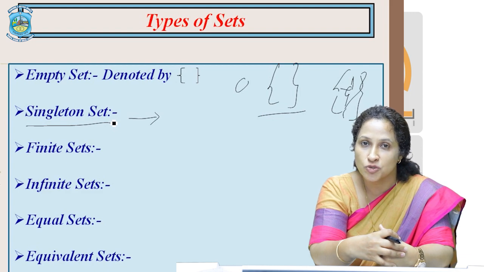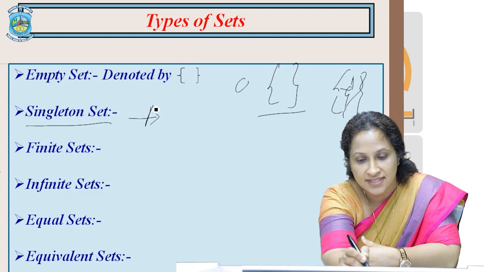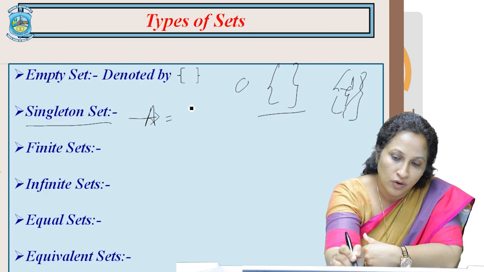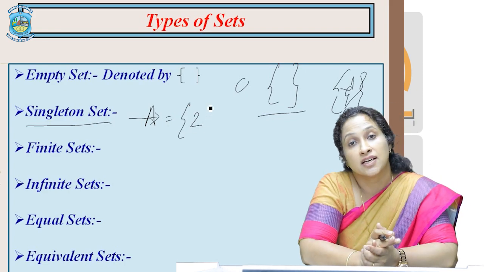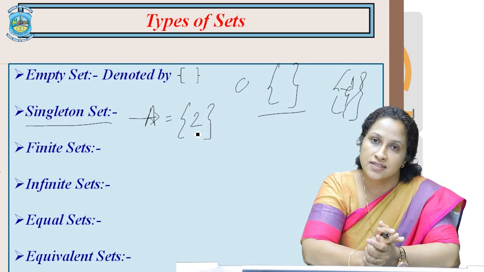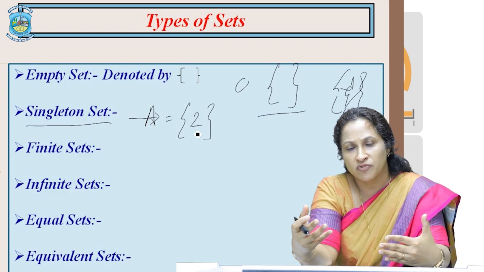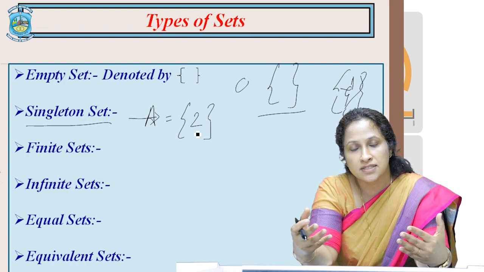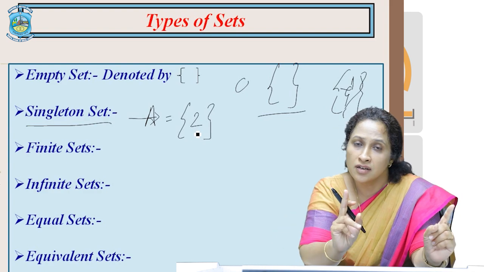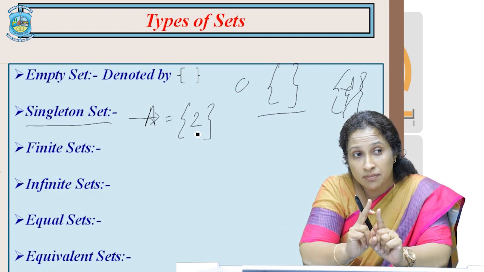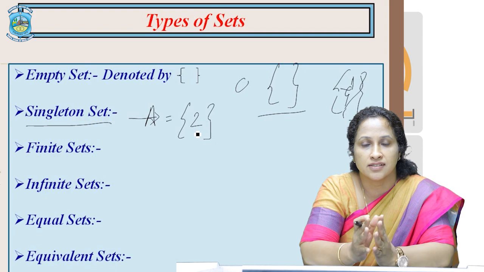I guess all of you got it right, and the value is 2. So, any set which has only one element is called a singleton set. We will keep figuring it out through a lot of examples. If there is only one element inside the set, it is a singleton set.